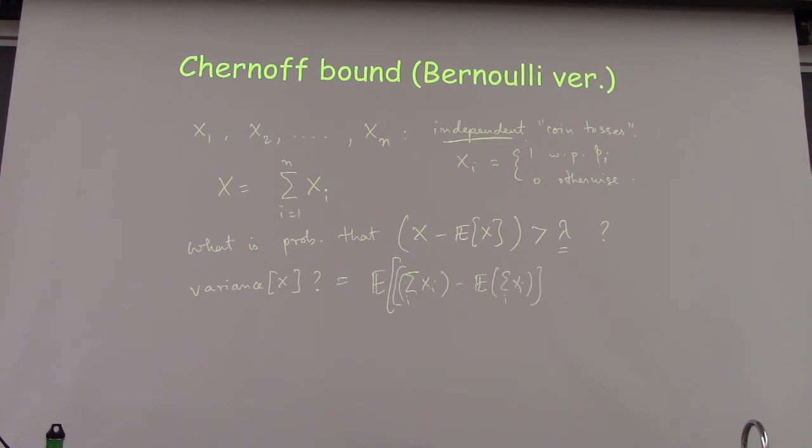It looks very messy, right? But one exercise which, if you haven't done it, you should do, is that if you have independent random variables, it cancels out. It will turn out that the variance of x is equal to the sum of the variances of xi. So this will turn out to be the sum over i of variance of xi.